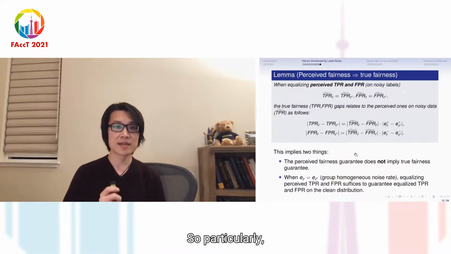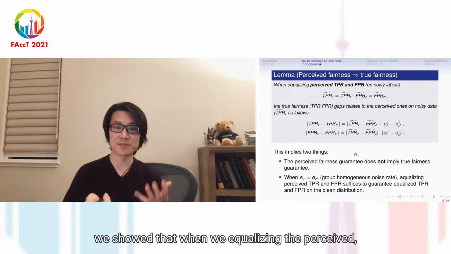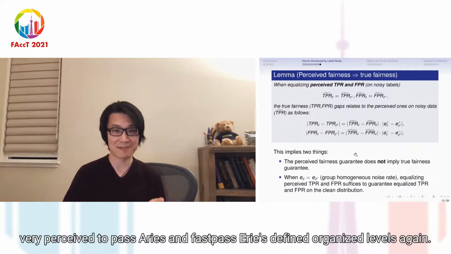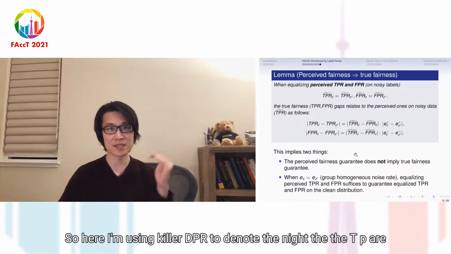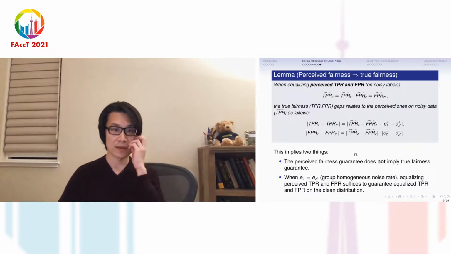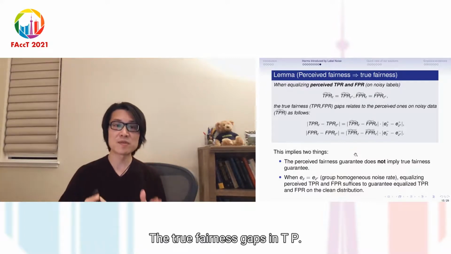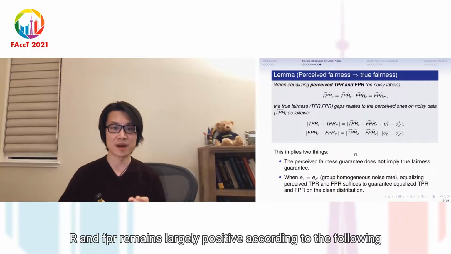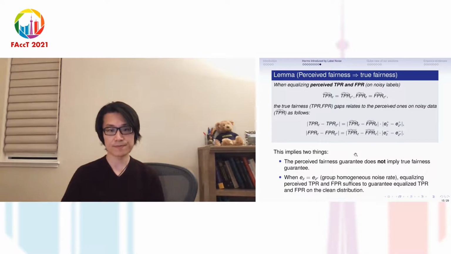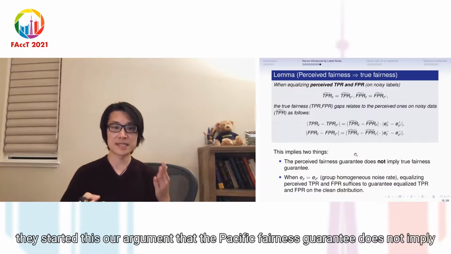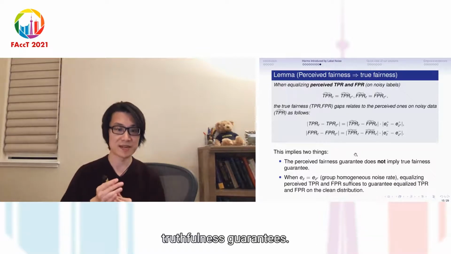Particularly, we showed that when we're equalizing the perceived true positive rates and false positive rates defined on the noisy labels, again, here I'm using tilde TPR to denote the TPR computed on the noisy labels, the true fairness gaps in TPR and FPR remain largely positive, according to the following formula. This solidifies our argument that the perceived fairness guarantee does not imply true fairness guarantees.